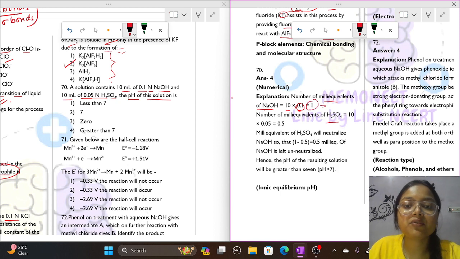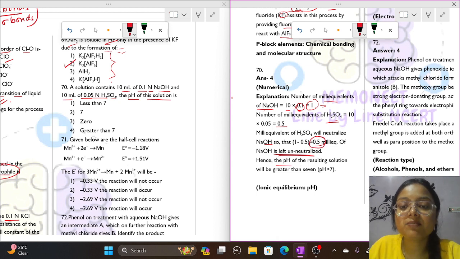For H2SO4, the milli equivalent comes out to be 0.5, and the milli equivalents of H2SO4 will neutralize the milli equivalents of NaOH. So the number of unreacted milli equivalents of NaOH is 1 minus 0.5, so 0.5 milli equivalent of NaOH is left unreacted.